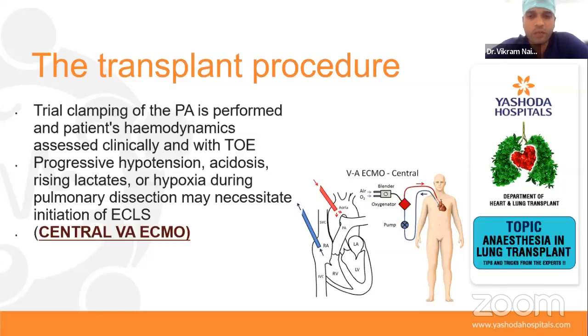The usually preferred mode of ECLS is central VA ECMO, wherein the ascending aorta is cannulated along with bicaval cannulation for the RA and IVC. So we go on central VA ECMO and proceed to perform the procedure.